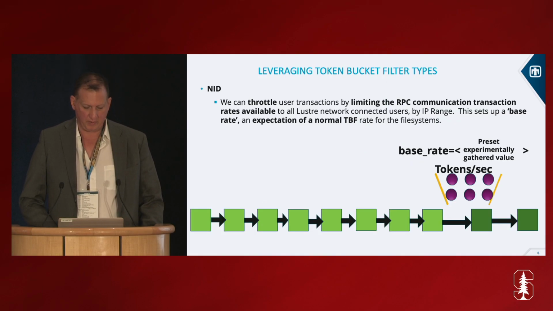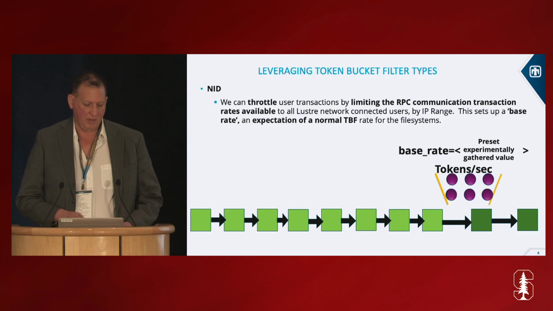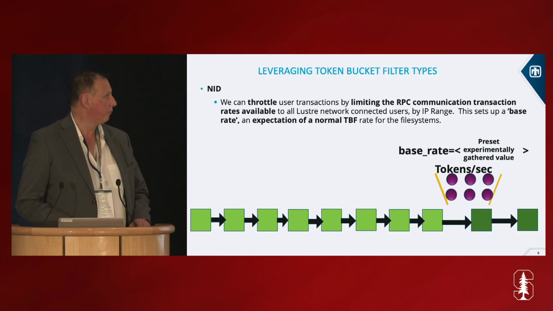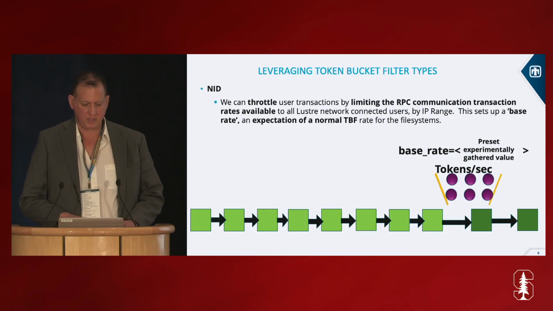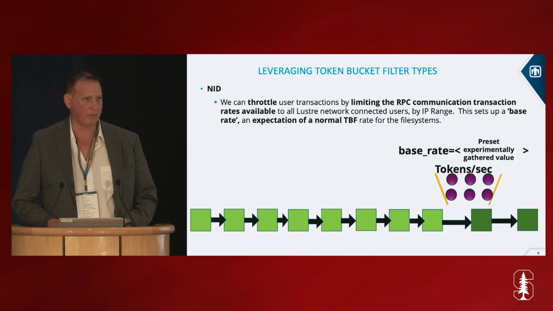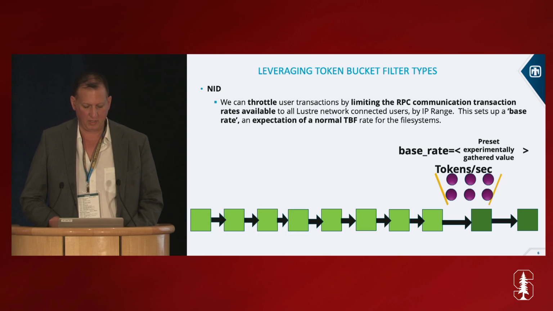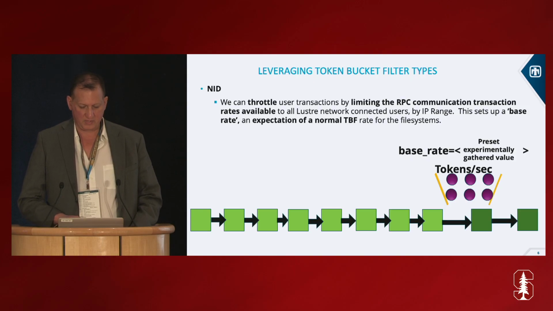This is the method that we have. We set up a base rate, and we set that base rate based on a NID. So we took a bunch of gateways. You've seen a lot of gateways that people are using. The last talk had gateways. So we set those up by NID, and then we said, okay, let's set our base rate based on experimental testing.